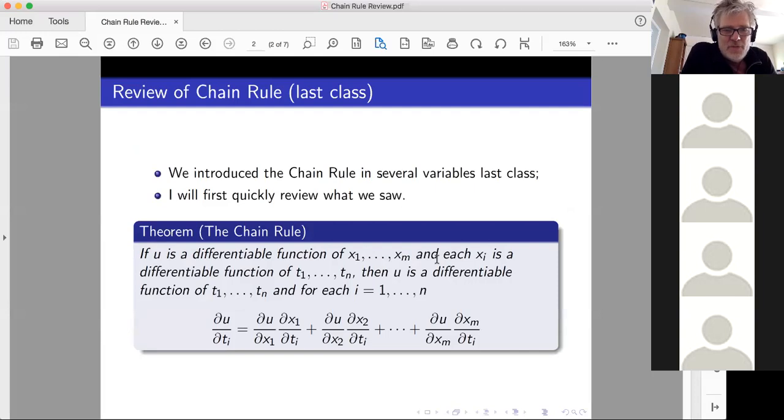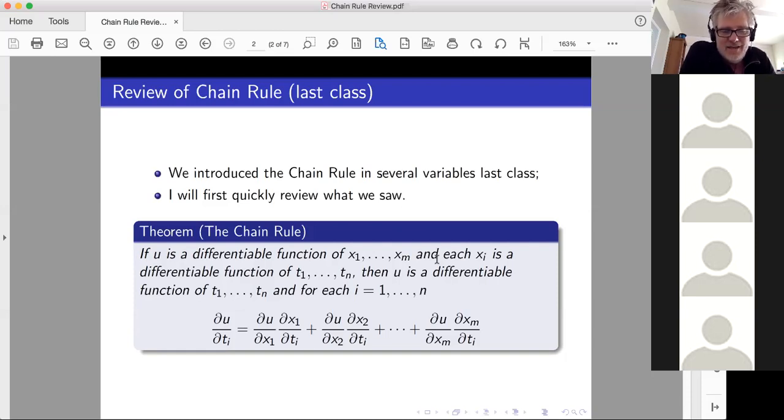If we have a differentiable function u of m variables, x1 to xm, and in turn, each of these variables is in fact a differentiable function of variables t1 to tn, so this is a composition, then u will be a differentiable function of t1 to tn. And we have an expression that gives us the partial derivatives of u with respect to each one of t1 to tn, which is what you see on your screen.